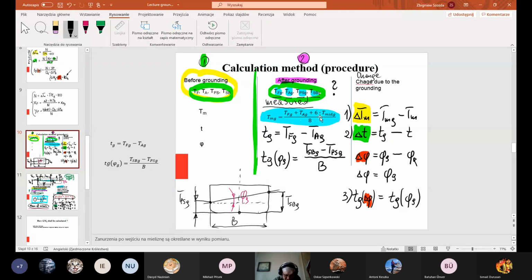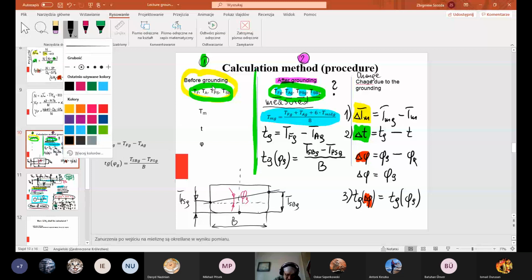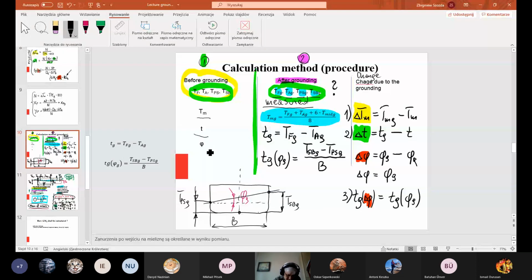So the final stage is that we have two sets of data for our calculations. The first set is information about the drafts before grounding, so a freely floating ship. Then you can calculate mean draft, trim, and possible angle of heel before grounding.